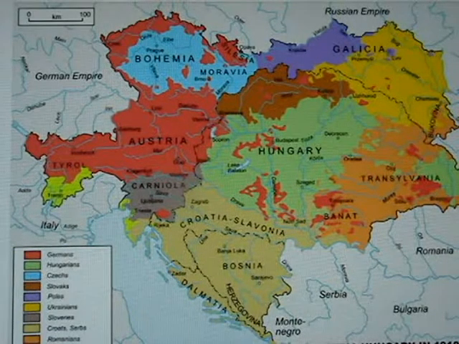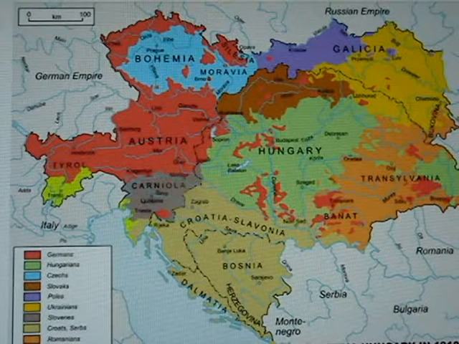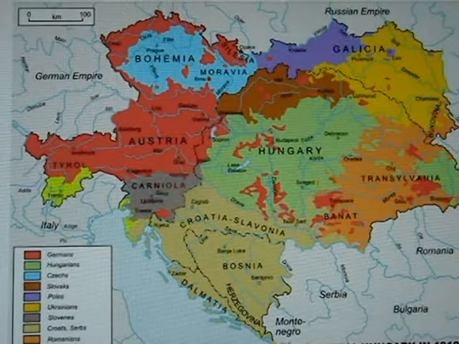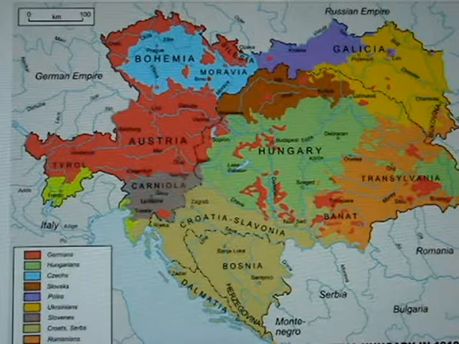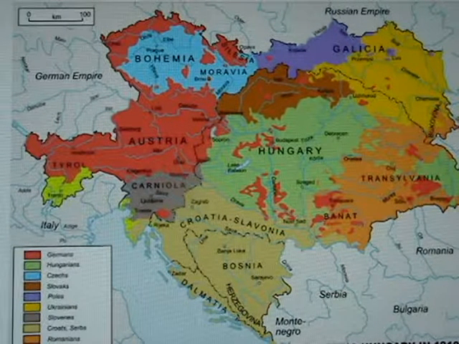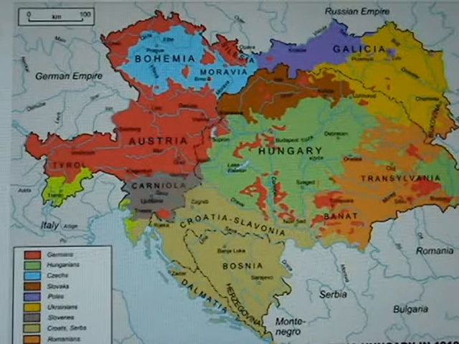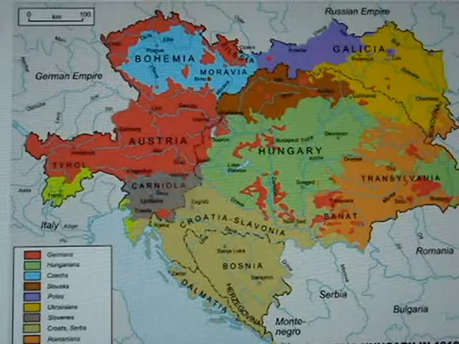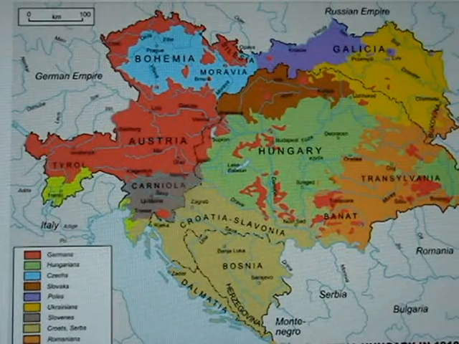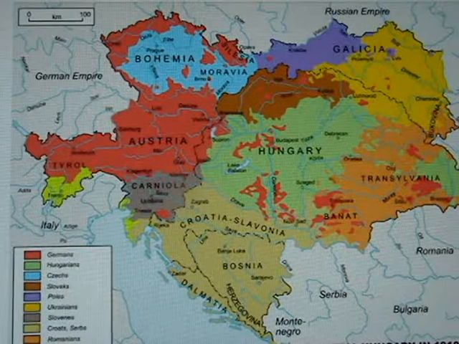This is Austria-Hungary in 1910. And all the different colors represent all the different cultures or languages or nationalities. So while Germany and France and Britain were for the most part united as one people, Austria-Hungary was having a hard time keeping itself together or keeping a cooperative atmosphere.